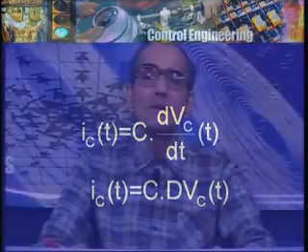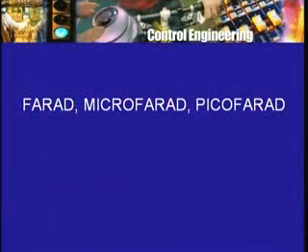Now as you know, the value of capacitance of capacitors that one is likely to meet in the laboratory is not of the order of farads, but very likely of the order of microfarads, maybe 100 microfarads or 1000 microfarads, or even much smaller than that, a picofarad.